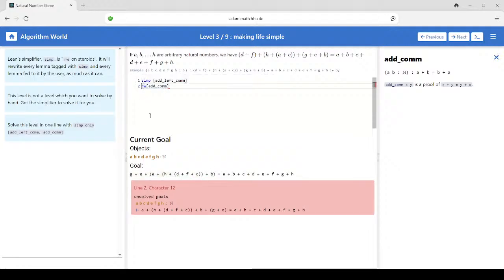Just doing it once, all that happens is this G plus E, A plus H plus D plus F plus C. Okay, so all that did was trade these two's places.